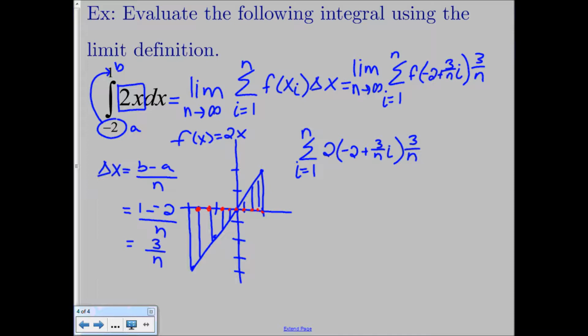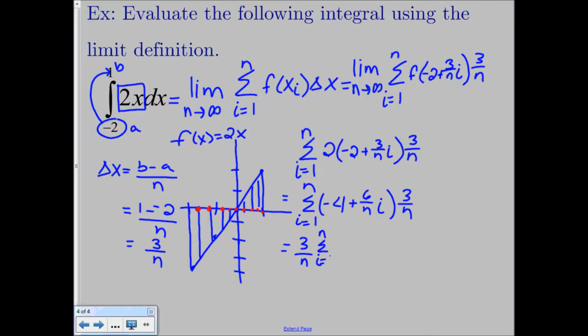If we simplify, we get the sum from 1 to n of negative 4 plus 6 over n i, times 3 over n. 3 over n is a constant, so let's pull that out front.